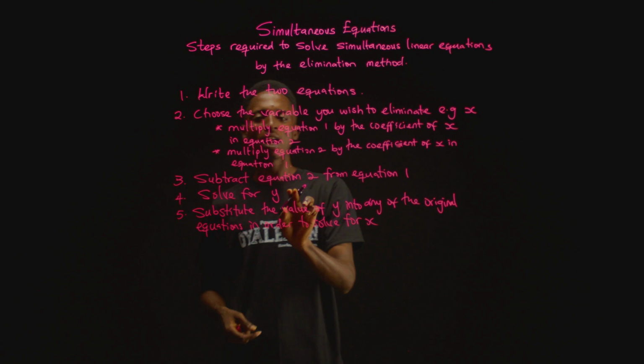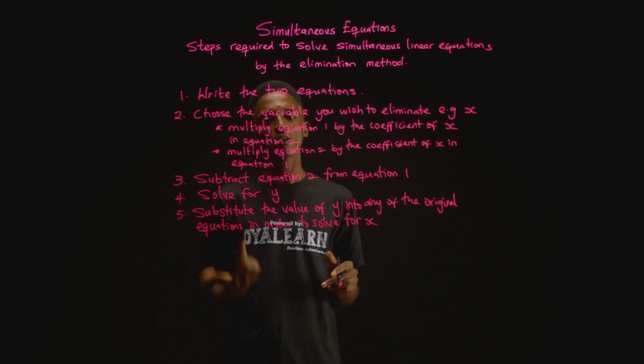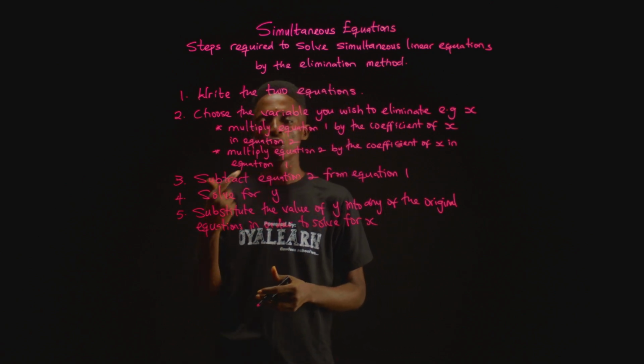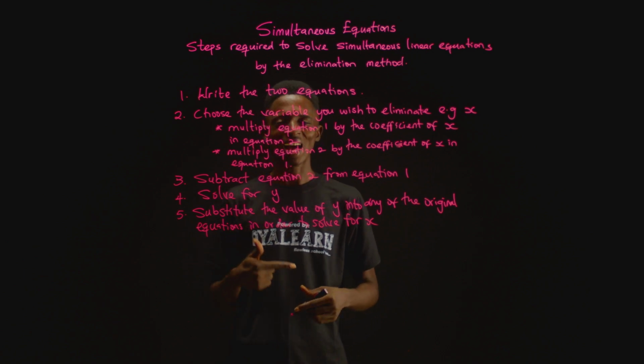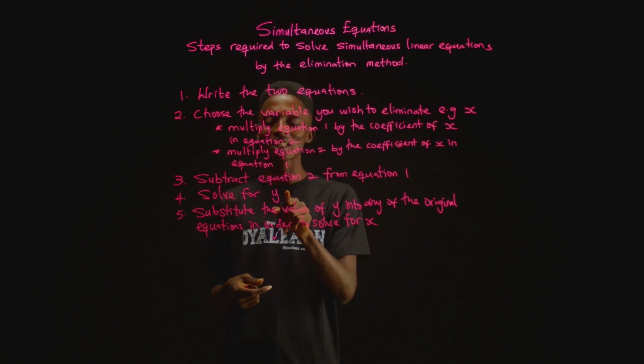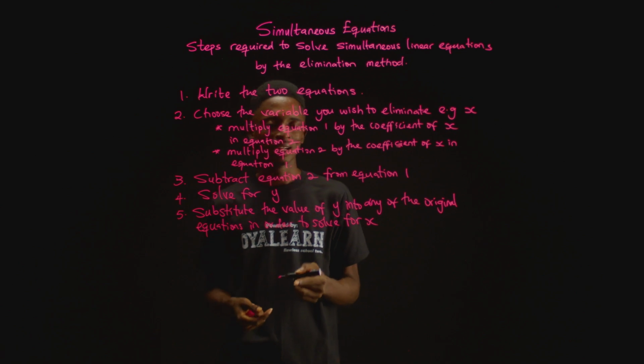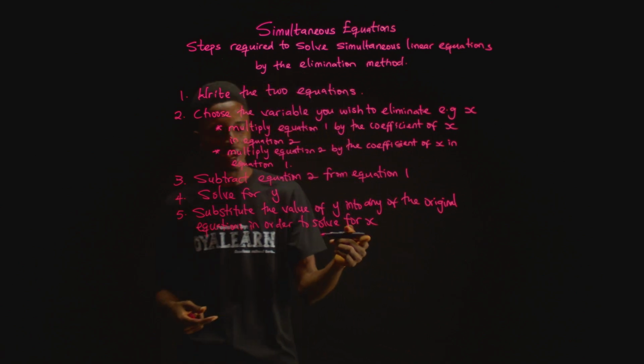So when you have gotten the value of y, you then choose any of the original equations, that is either equation 1 or equation 2, and replace y with the answer you got for the value of y. That way you'll be able to solve for x.